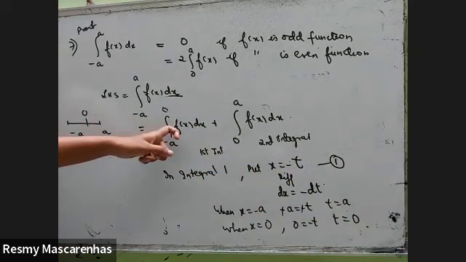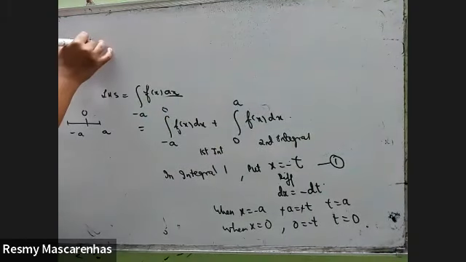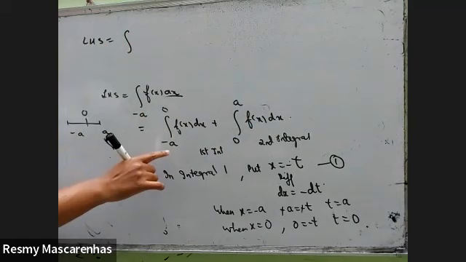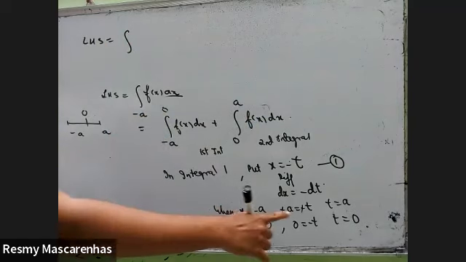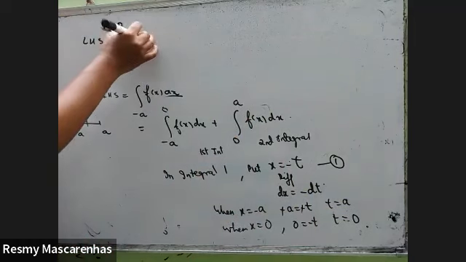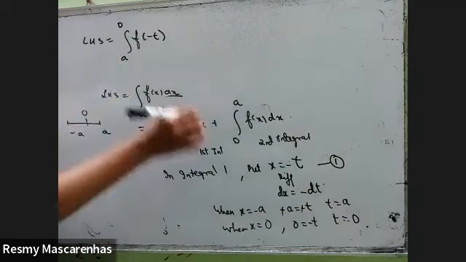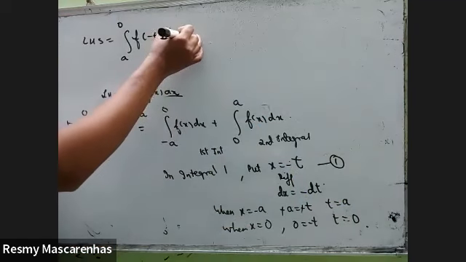So we'll write this integral back, the left hand side. And so minus a to 0 now becomes a to 0. x is equal to minus t and dx is nothing but minus dt.